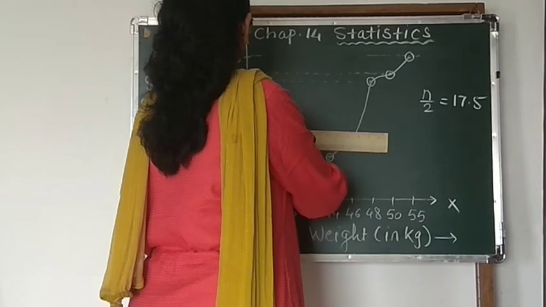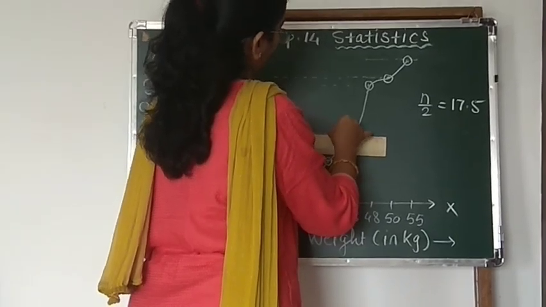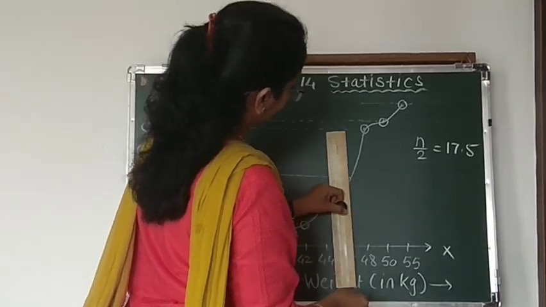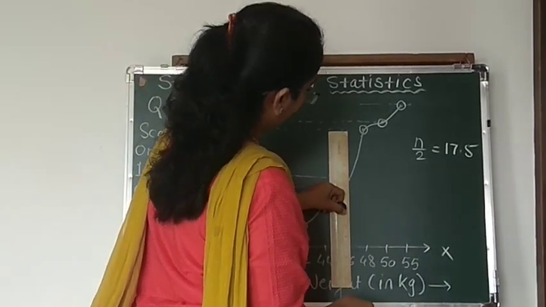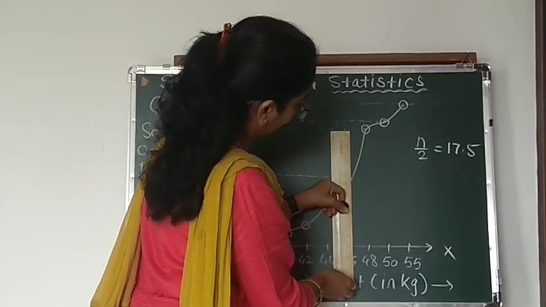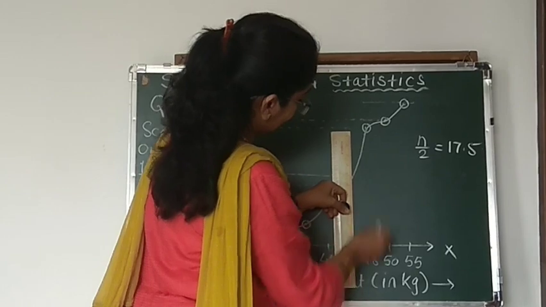From this point where the line meets the graph line, you have to draw a perpendicular line to the x-axis.